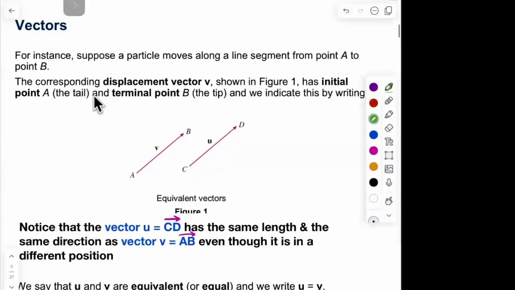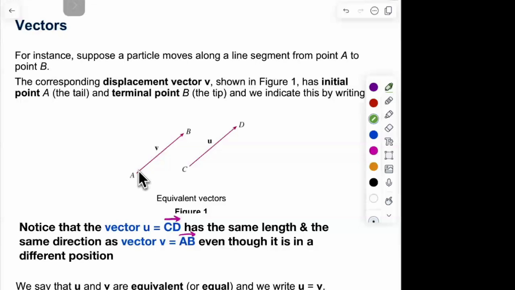Now, suppose you have a particle moving along a line segment from point A to point B. Then you can use this vector, called the displacement vector.